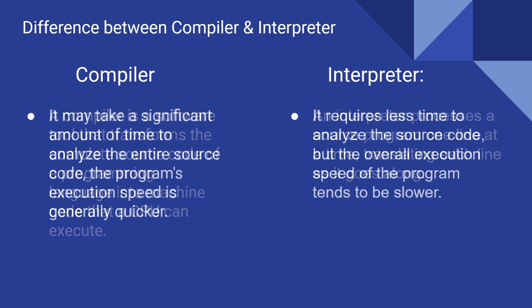Next, a compiler may take a significant amount of time to analyze the entire source code, but the program's execution speed is generally quicker. In the interpreter case, it requires less time to analyze the source code, but the overall execution speed of the program tends to be slower.